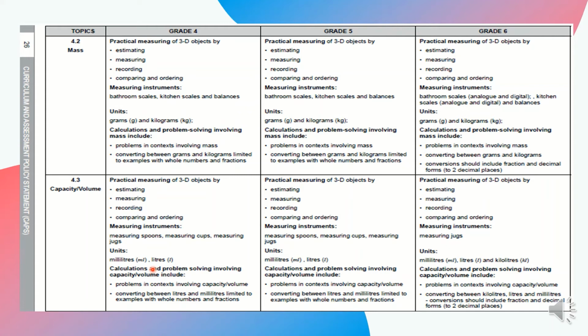The units to be used are milliliters and liters. Problem solving definitely is going to be there, using capacity and volume within the content, and just using the liters and milliliters units within the problem.